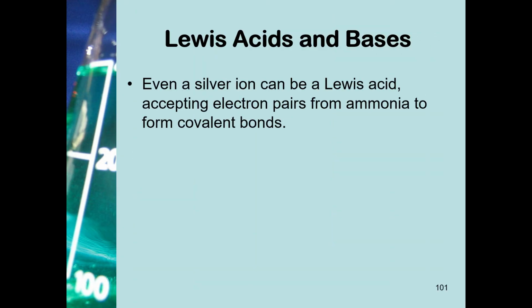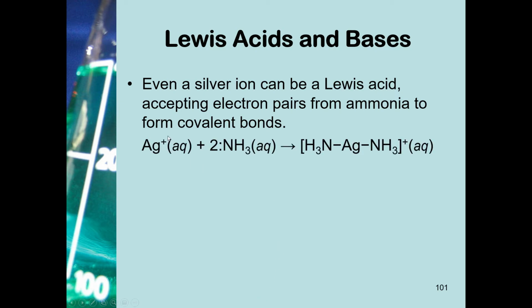Now, they've also found that even silver ions can be a Lewis acid, accepting electron pairs from ammonia to form a covalent bond. For instance, if we have a silver compound and we put it into ammonia, the 2 up front right here tells us it's going to take 2 ammonia molecules.